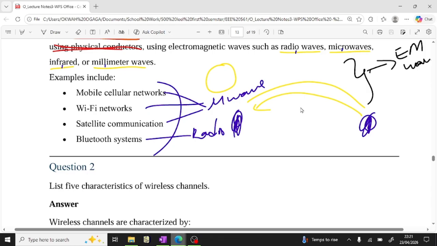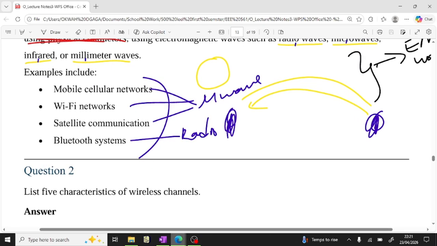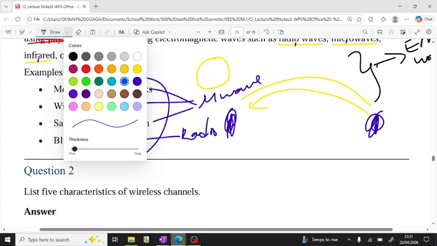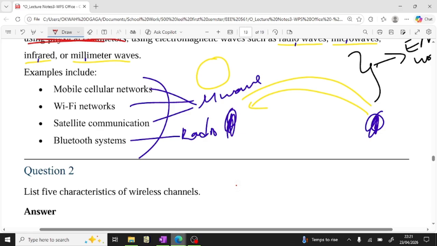Now, the thing is this: since this thing is wireless, as the signal goes from this guy to this other guy, or this point to this other point, as the signal moves, it bounces off different points. The signal reflects.